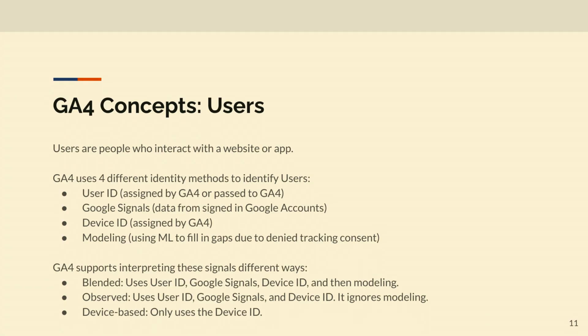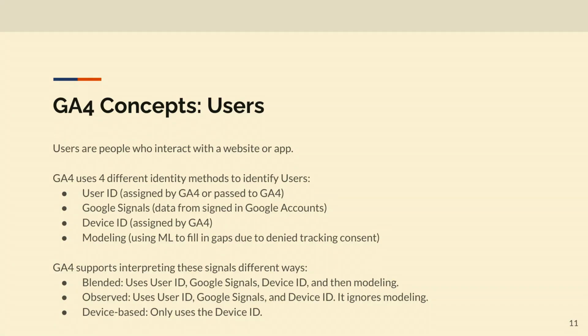So a couple of key concepts. GA4 has a concept of users. They do a couple of different ways of identifying users. One is a user ID, which could be assigned automatically: this is a user Google Analytics doesn't recognize, so it just gives them a user ID.